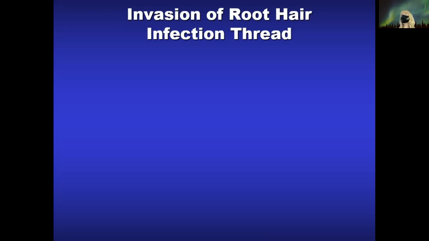So if you can imagine, the bacteria get in near the tip of the root hair, and then they move down the length of the root hair. When you look at it under the microscope, it looks like a thread of bacteria moving down the root hair, and that's where they come up with this infection thread idea. But the invasion process is very controlled. It's not a free-for-all where the bacteria just bust through and get into the cytoplasm. So let's talk about that.